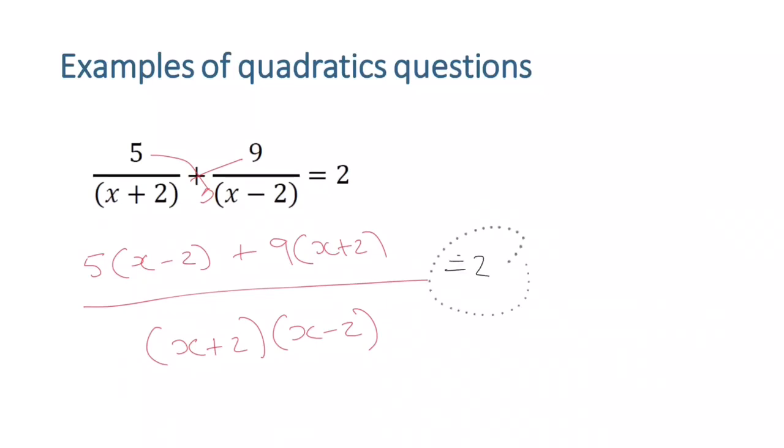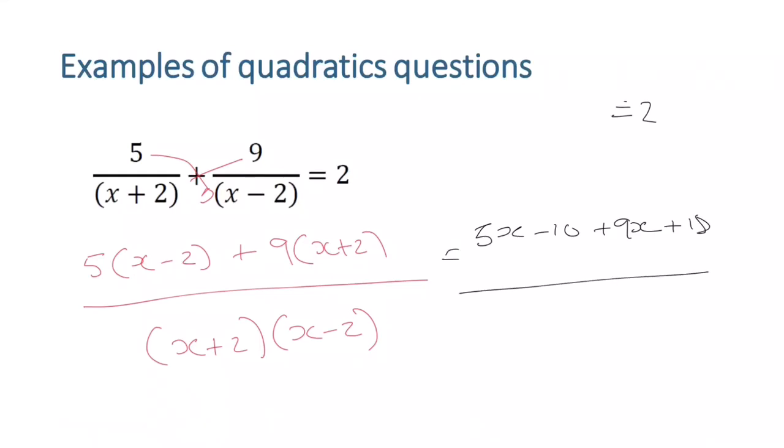Let's forget about this for a second. The top bit simplifies to 5x minus 10 plus 9x plus 18. The bottom bit simplifies to x squared. Very important to know how to expand the brackets.